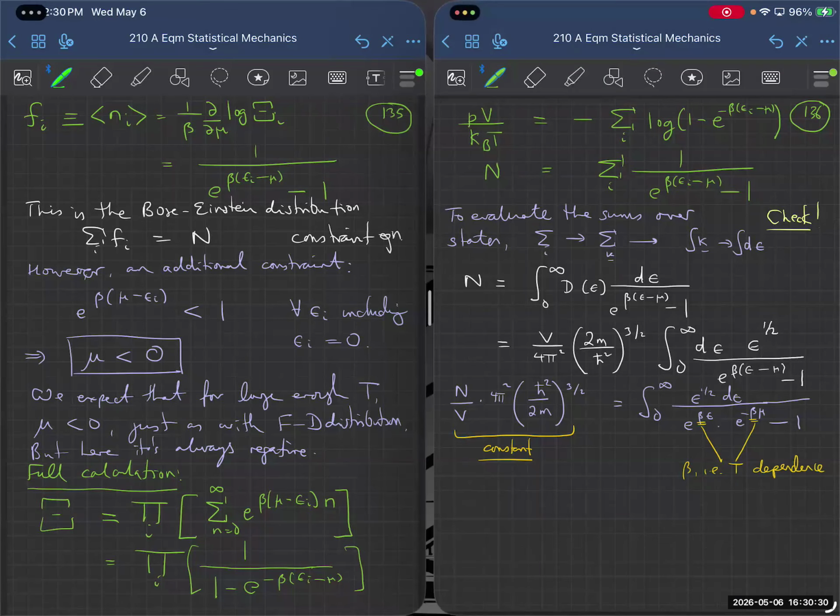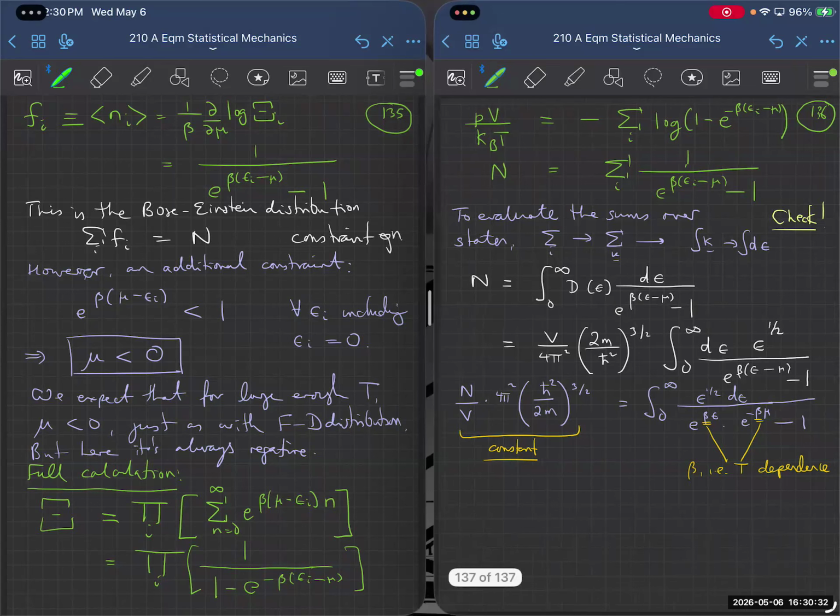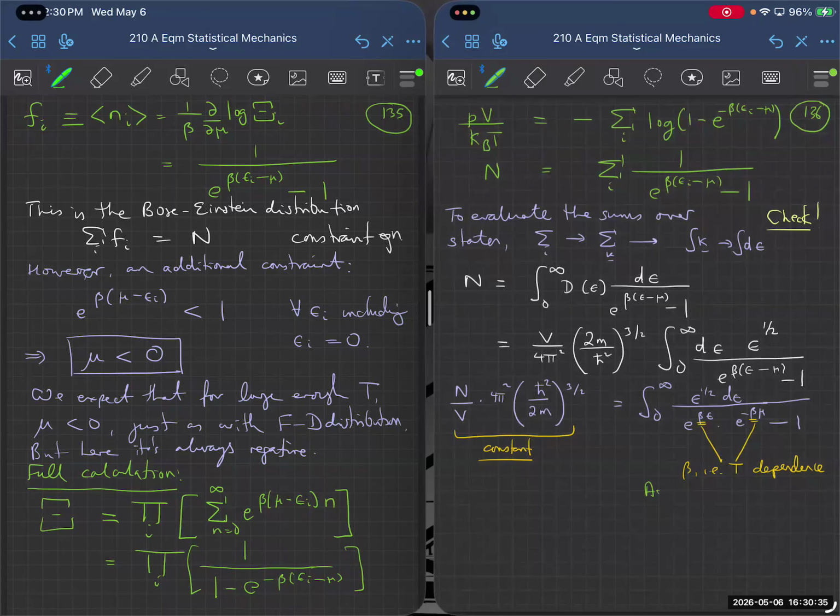So let's have a look at what that temperature dependence does. As beta goes to infinity, which means we're going towards 0 temperature, so T goes to 0, then this term e to the beta epsilon is going to go up. Epsilon is just a number, that's just the variable of integration.